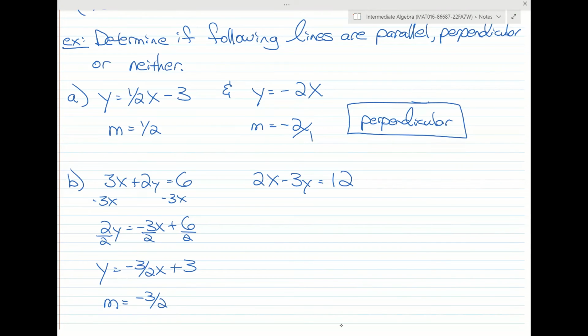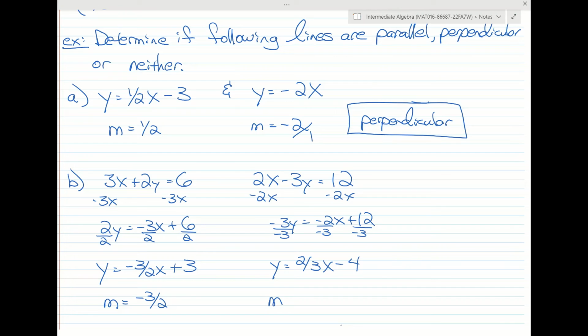Second problem, let's subtract the 2x on both sides. Divide by negative 3. So y is equal to 2/3 x minus 4.